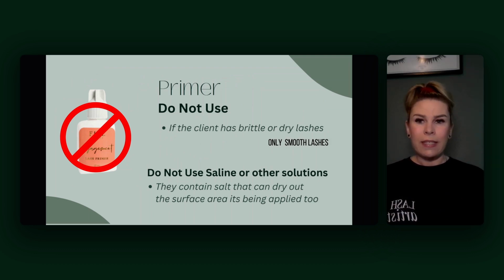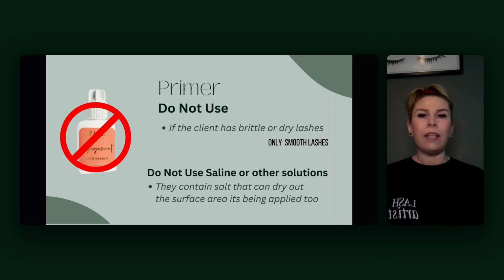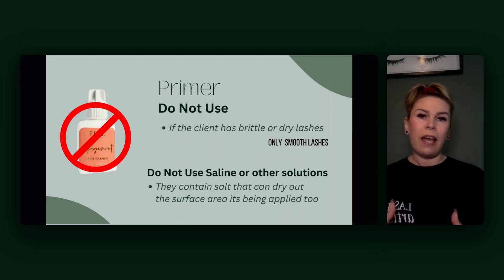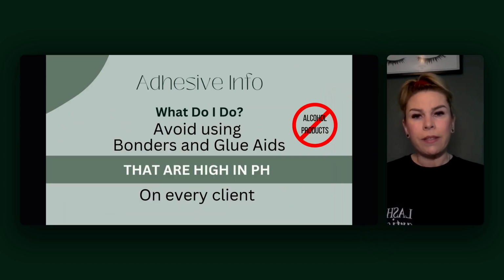And as we already discussed, the lash glue likes moisture. Okay, it requires moisture to dry. So if you are creating too dry of an environment, you're really going to have a hard time getting that glue to dry fast enough in order for you to create a really good bond and prevent stickies during the service.